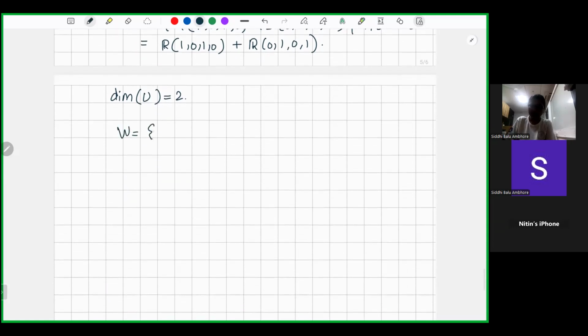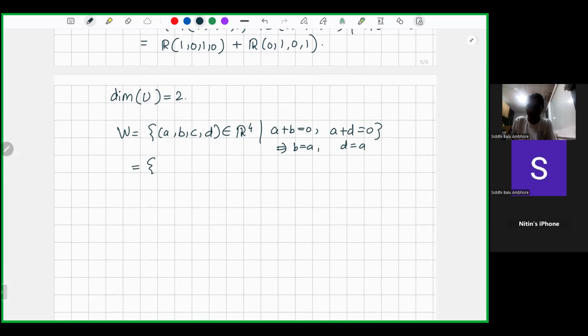And now my W is this vector subspace in R4: (a, b, c, d) in R4 such that a plus b is 0 and a plus d is 0. This implies that b is -a and d is -a.